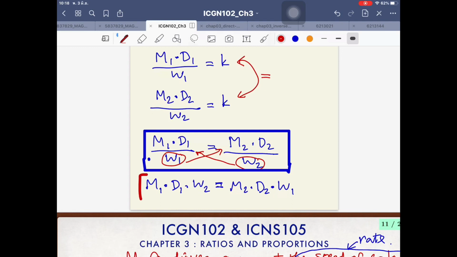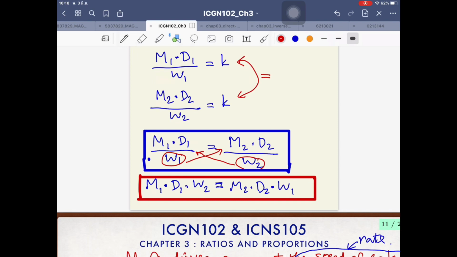But for the second form, you don't have the fraction term anymore, so it's a bit better to memorize. But you have to be very careful with the subscripts.